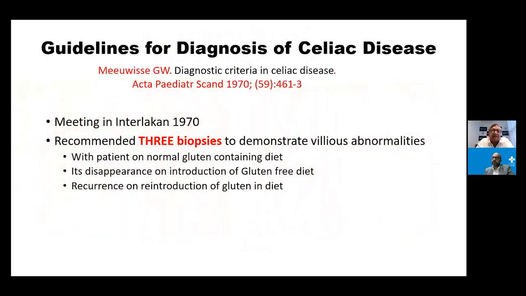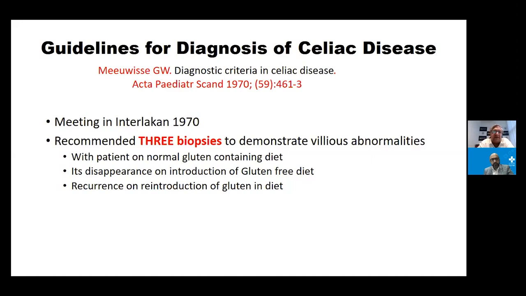The first attempt to make the diagnosis of celiac disease was in 1970, where a meeting of gastroenterologists in Interlaken suggested that 3 biopsies be used to demonstrate villus abnormalities. One with the patient on a normal gluten-containing diet. It disappears on introduction of a gluten-free diet, and it reoccurs on reintroduction of gluten in the diet.